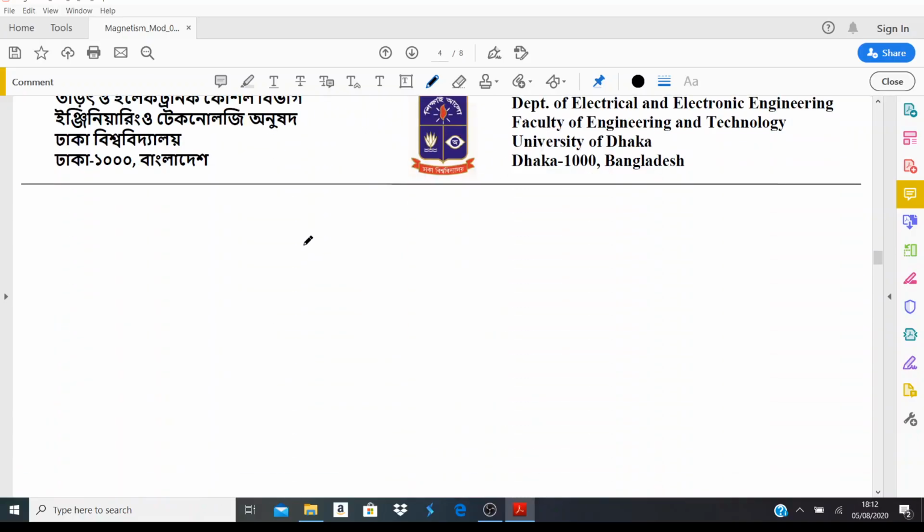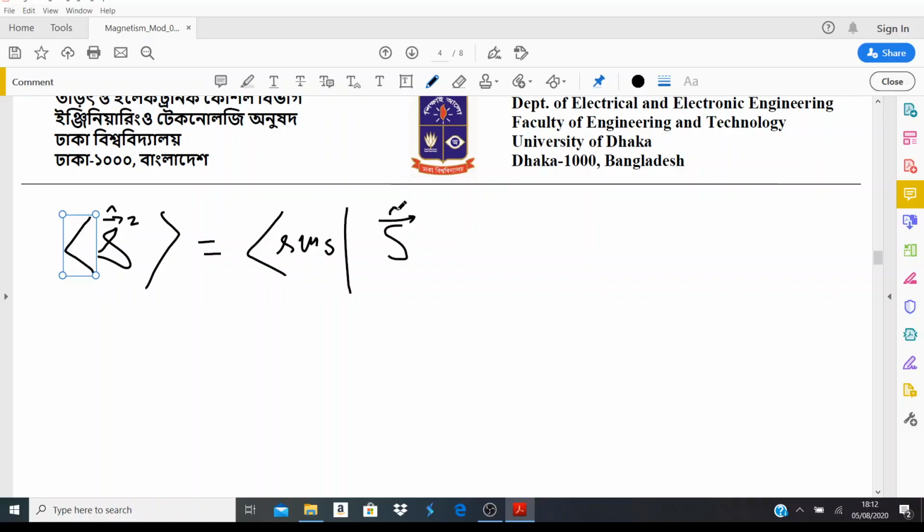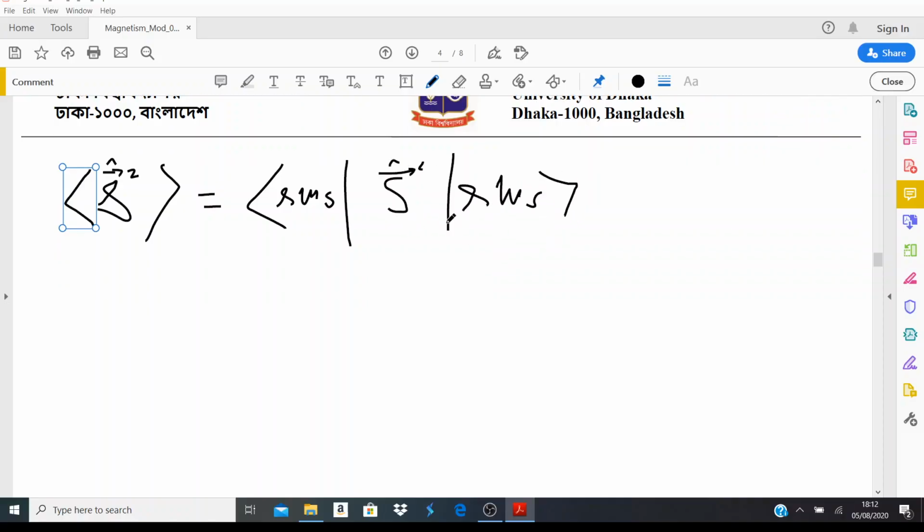Similarly, you will be asked to calculate the S squared expectation value. How do you calculate that one? Let's say first we are calculating between the same state s ms, with the operator acting on the ket s ms. You know what this operator produces when it operates on s ms: the bra remains the same, but the ket gives s(s+1) h bar squared times the same state.